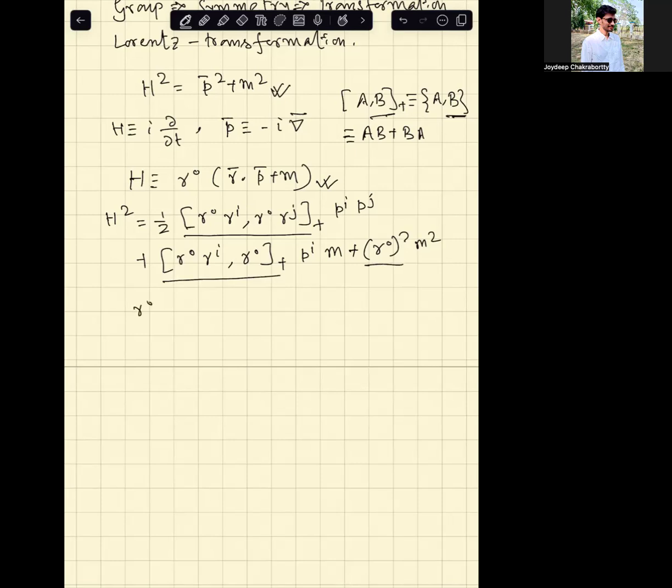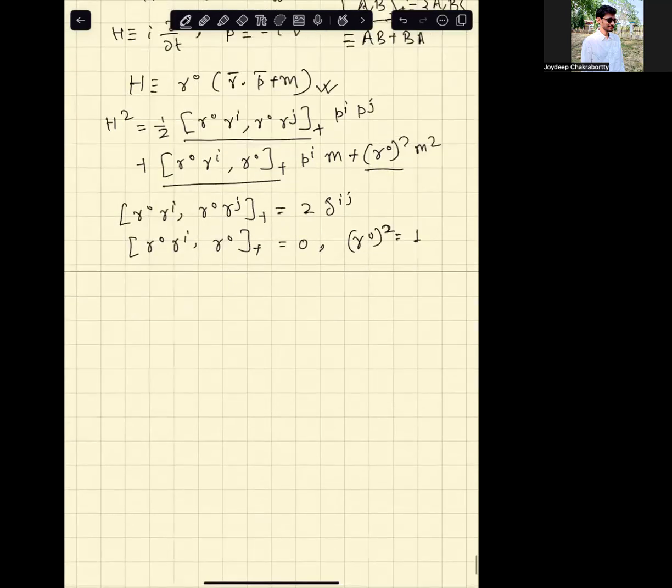The anti-commutator of gamma 0, gamma I, gamma 0, gamma z, plus is equal to twice delta ij, and gamma 0, gamma I, gamma 0, plus equal to 0, and then gamma 0 square equal to 1.